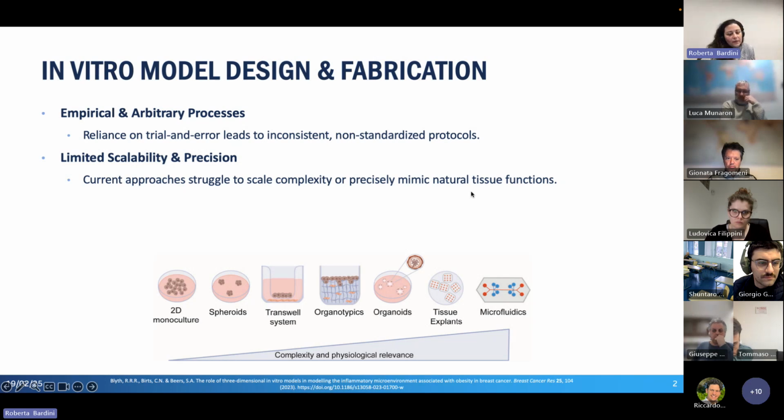If we see the same topic from the perspective of fabrication, we can say that the parameters we use for the design and fabrication of an in vitro model affect the functionality of that model in supporting its scientific aims, for example the kind of experiments I can perform with my model.